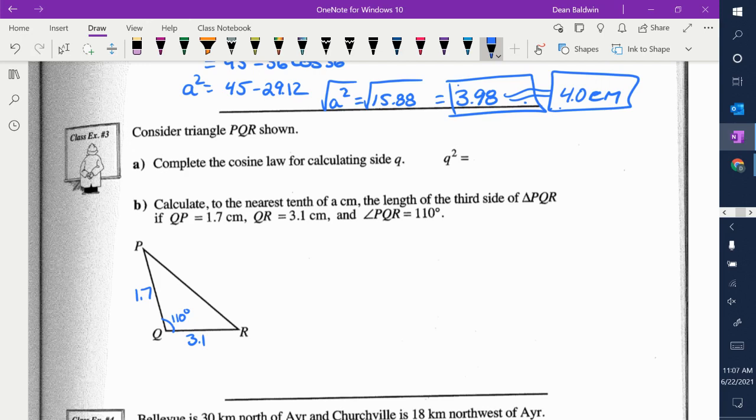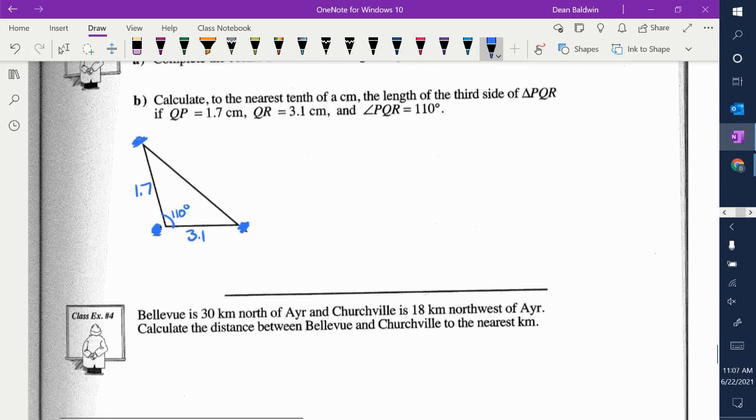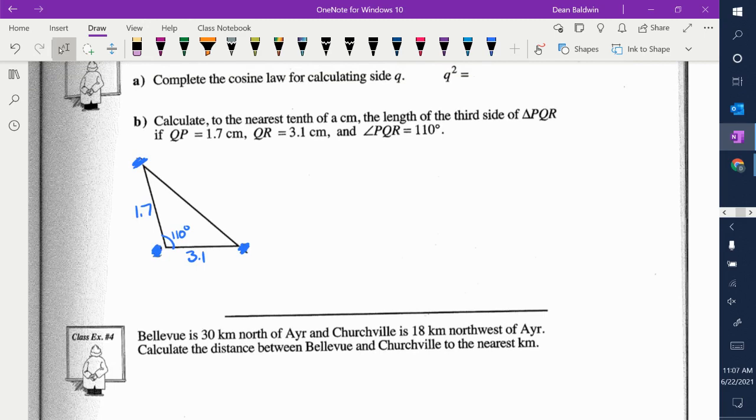So, our formula is ABC. Just scratch out all this. A is always your unknown.